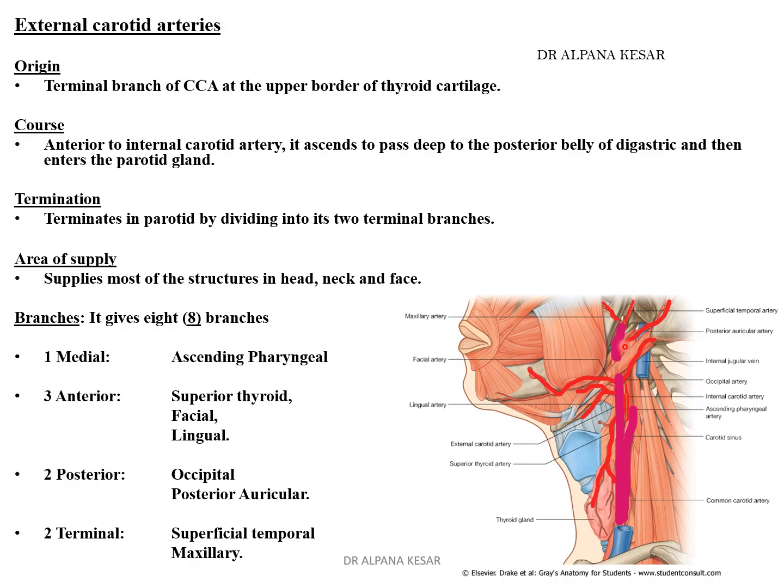It gives 2 branches at its posterior border, and they are the occipital artery and the posterior auricular artery. Its 2 terminal branches include superficial temporal and maxillary arteries.